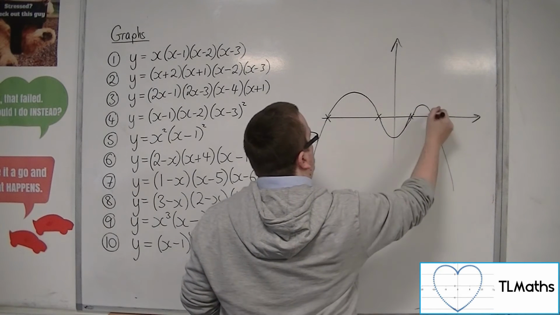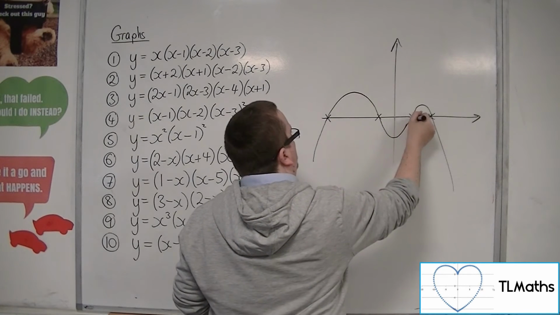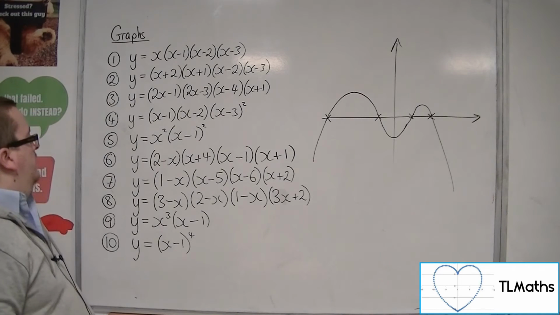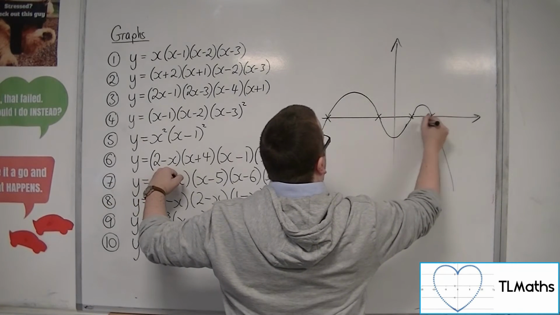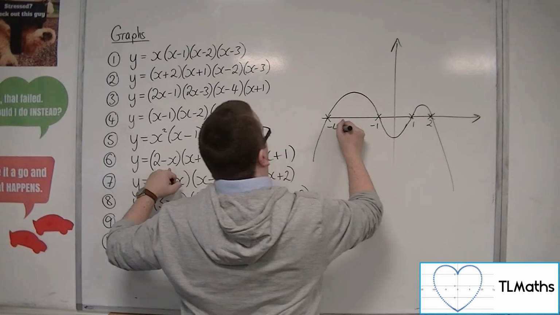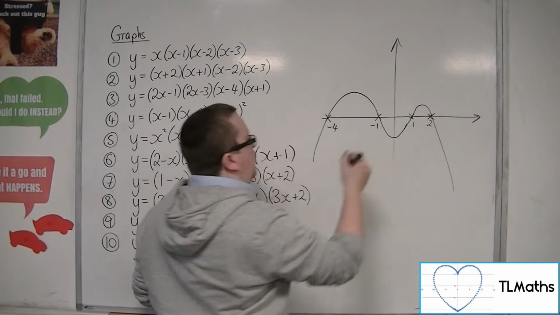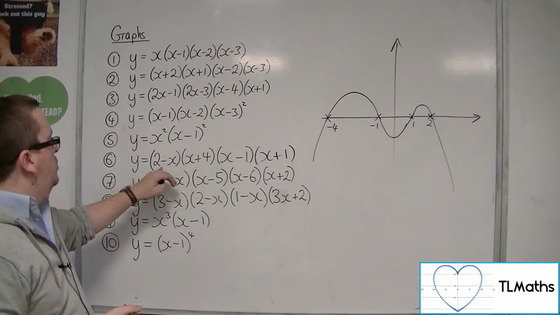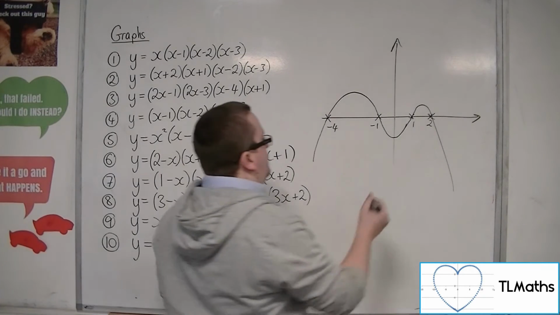And back down and through. Okay, so something like that. So we're hitting the x-axis at 2, 1, minus 1, and minus 4. And we can identify where it's crossing the y-axis by multiplying 2 by 4 by minus 1 by 1. And that would be minus 8.